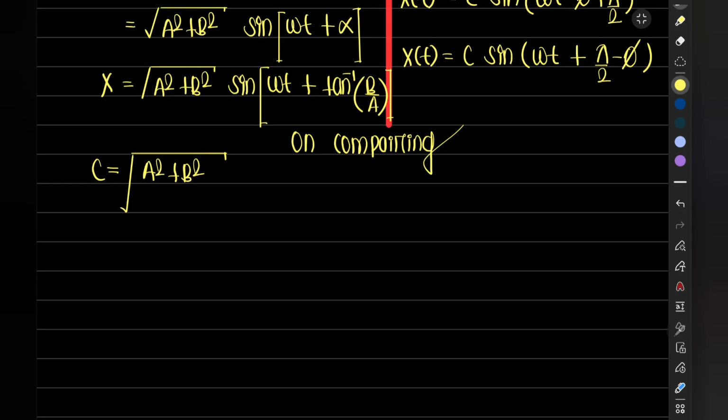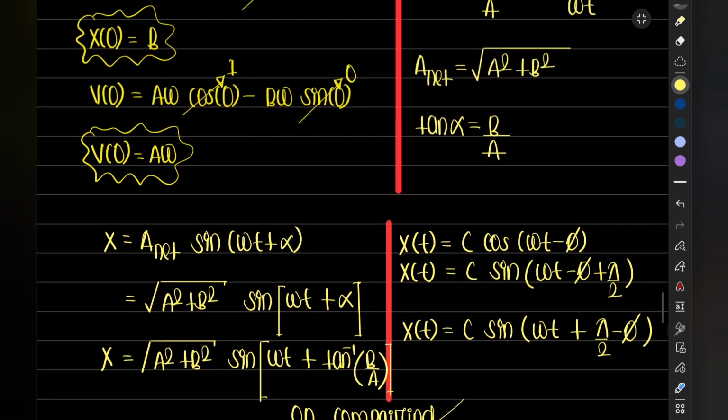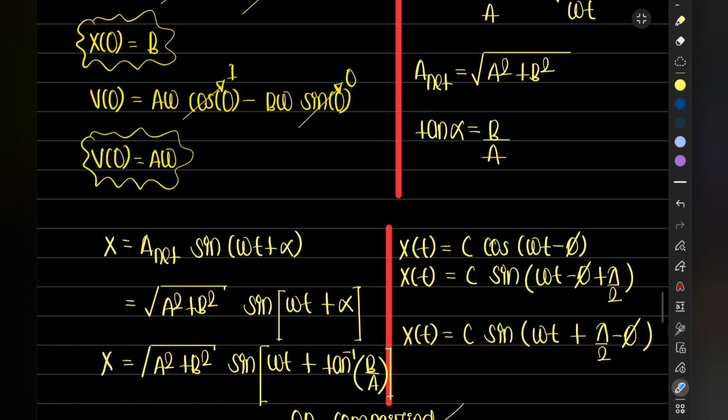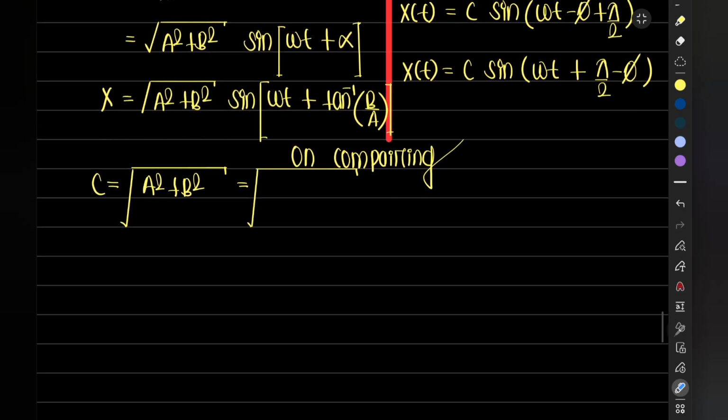But as we have already seen in the options that this c is in the form of v naught and x naught. So what is the value of a we have? So we can find the value of a as v naught by omega. So value of a square will be v naught square by omega square.